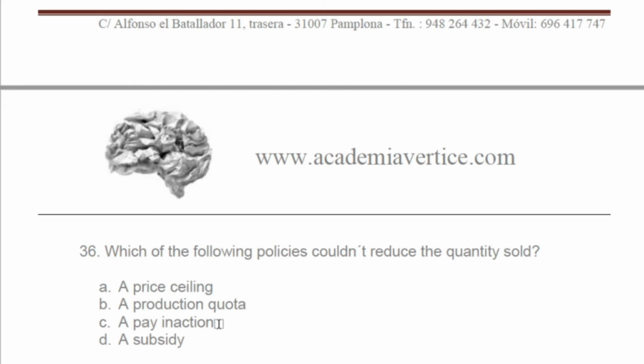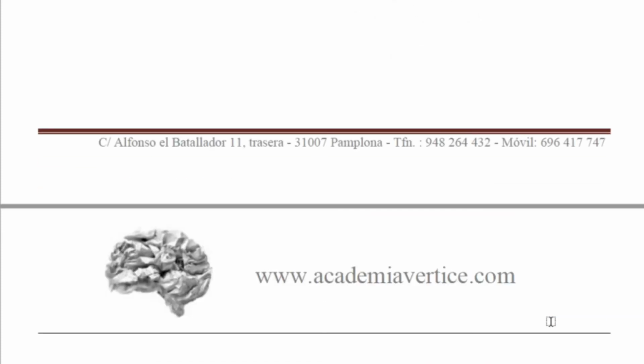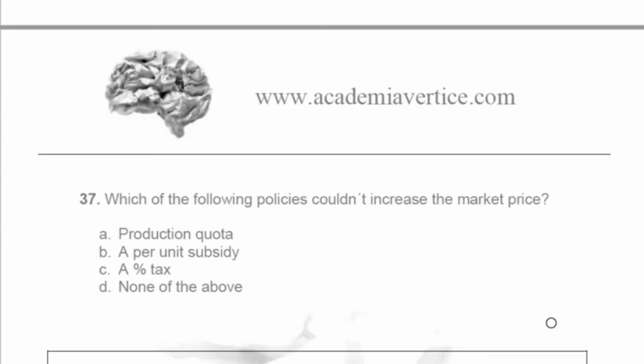A pay in action, of course, that's its goal. In fact, a subsidy, well, so the correct one is a subsidy. A subsidy increases the quantity exchanged, for sure. I think this is very, very easy if you read it carefully.